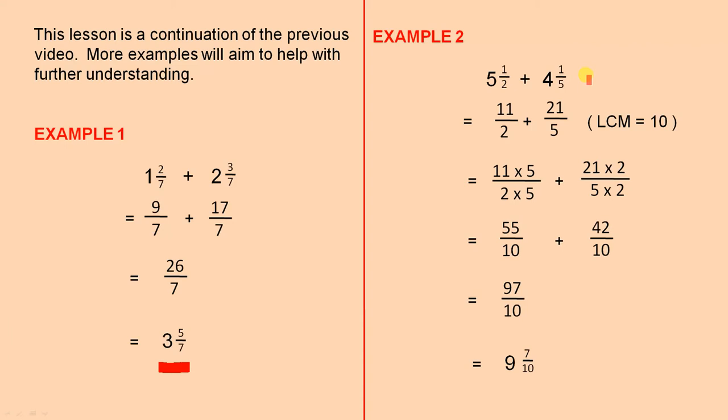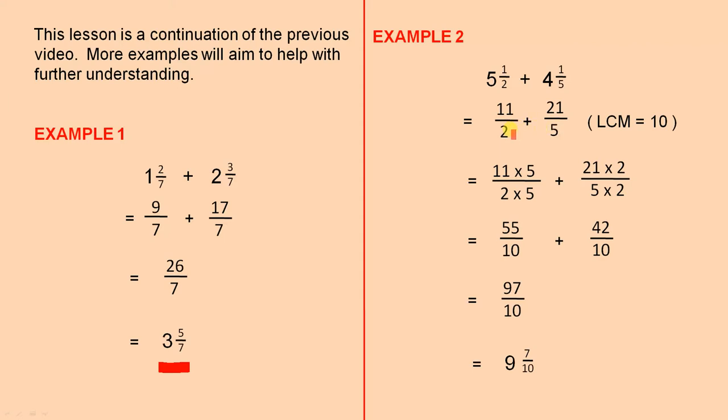Example 2: 5 1/2 plus 4 1/5. That gives us 11 over 2 plus 21 over 5. The LCM is 10, which means the lowest number that these two numbers will divide into is 10. So 10 will be the common denominator. So that's how you find the denominator.